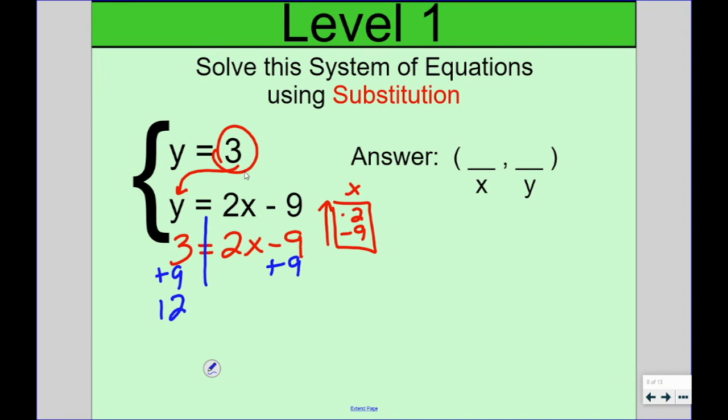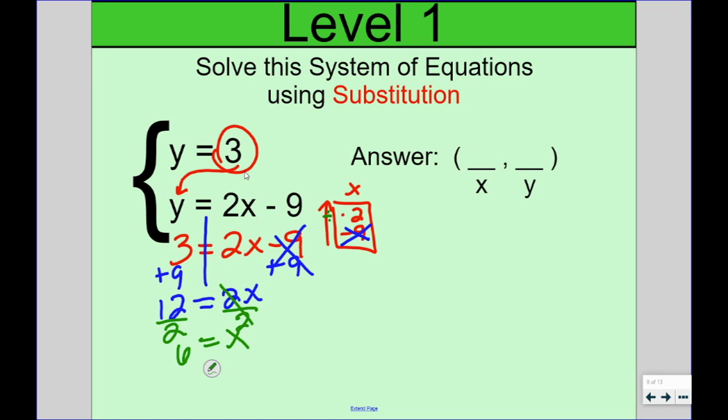Remember, we're going to keep our equation balanced. And on the other side, negative 9 plus 9 cancels. That chore is done. We're doing our next chore. The opposite of multiplying by 2 would be dividing by 2. So we're going to divide both sides by 2. And 6 equals our x.